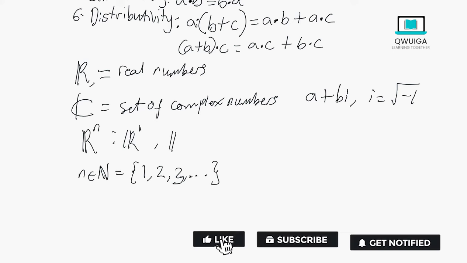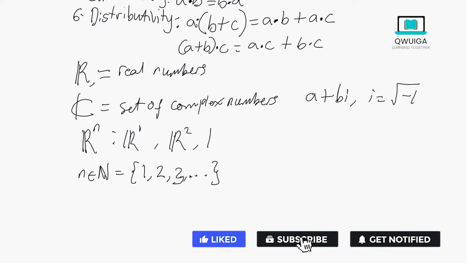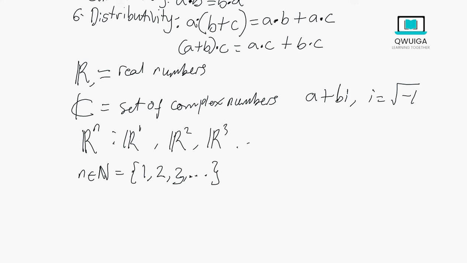These are sets, so how does an element in R look like? That's the regular numbers we have. Any whole number, fraction, decimal, rational number, or irrational number is an element in R. But how do elements in R^2 look like? R^2 is a set of elements of the form (a, b).